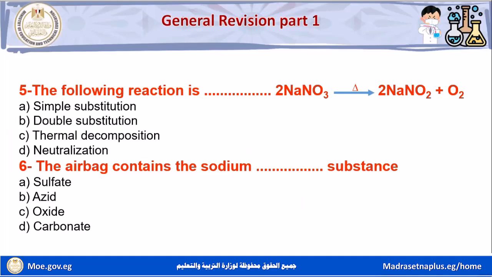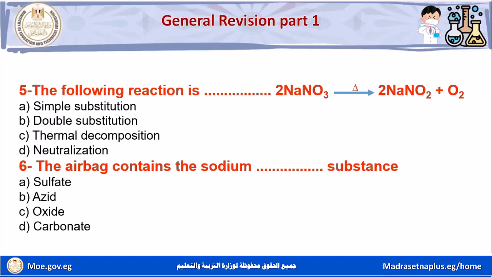Question number 5. Choose the following reaction is space: 2NaNO3, heat, reduces to 2NaNO2 plus O2 evolved. Letter A, simple substitution.